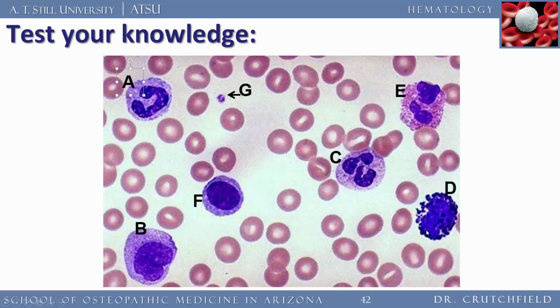This has got lots of granules. This is a bilobed nucleus, lots of granules. This is probably an eosinophil. This, not totally sure. This looks like a mast cell to me. And this guy, this is a lymphocyte for sure. Don't know. I'm not good enough to look at all these either, because I don't have to look at these, but you guys do for your test.